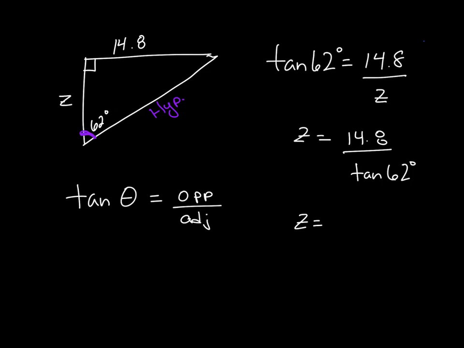Plugging this into our calculator and rounding to 3 decimal places gives us 7.8692. So with rounding, z is going to be 7.869.